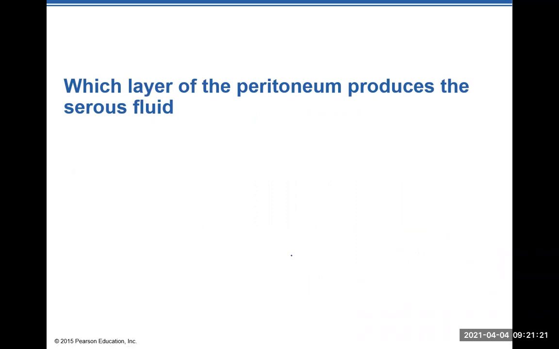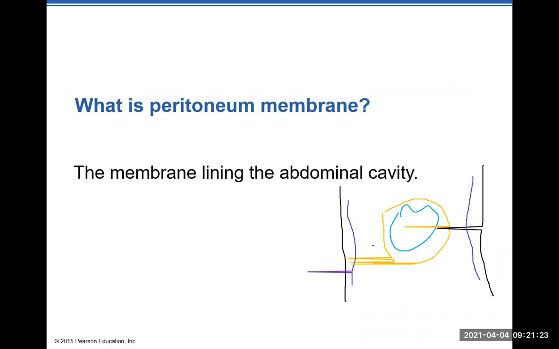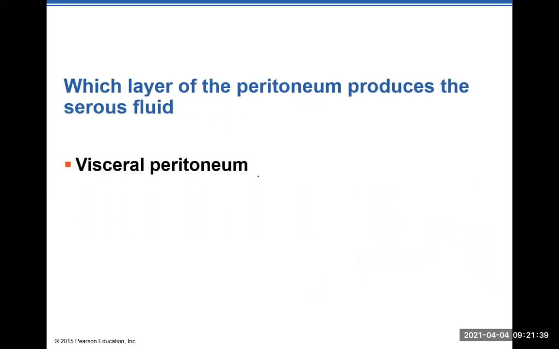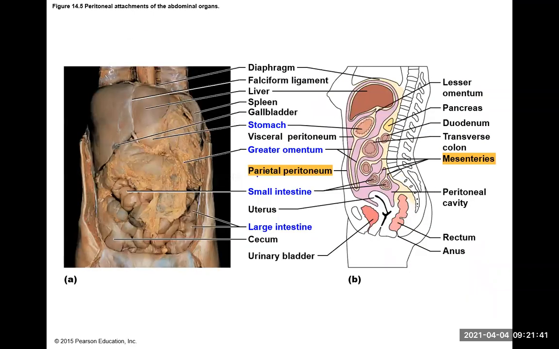In between the two layers we have this cavity, filled with fluid. That fluid is called the peritoneal fluid, and it is produced by the visceral peritoneum. We already discussed this previously.